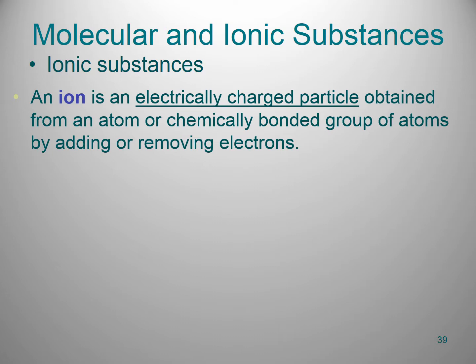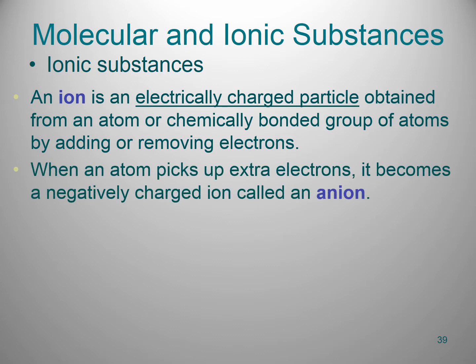Atoms that have extra electrons or have some electrons taken away. So an atom or a group of atoms will have added electrons or removed electrons to make an ion. So it's an electrically charged particle.